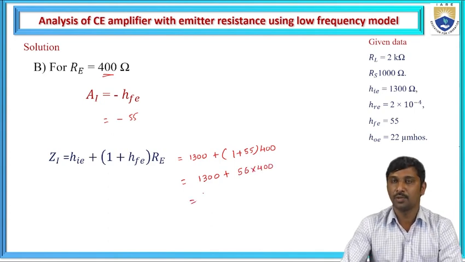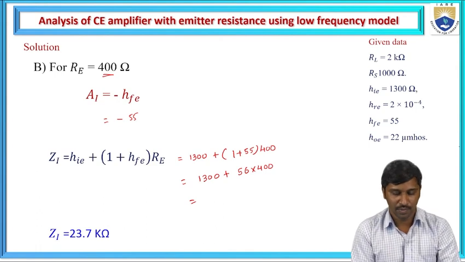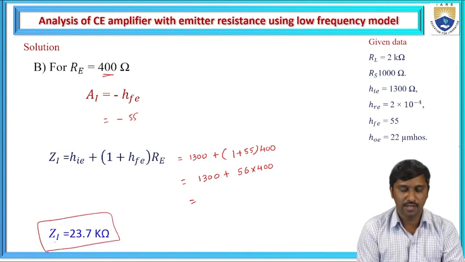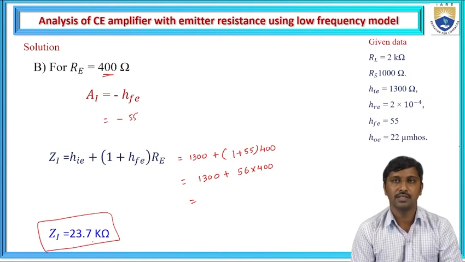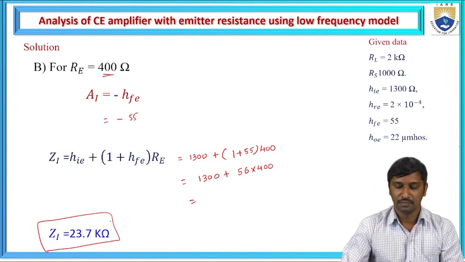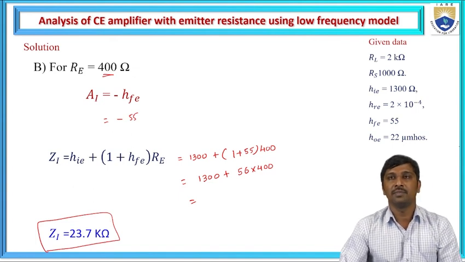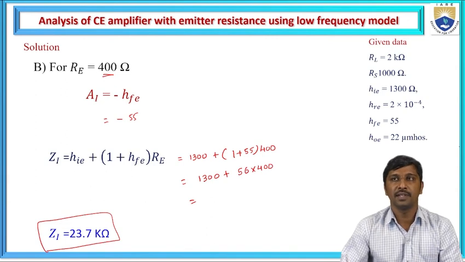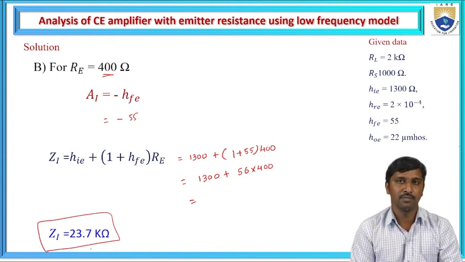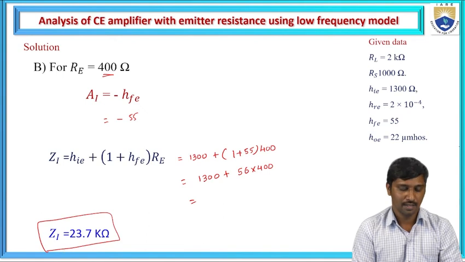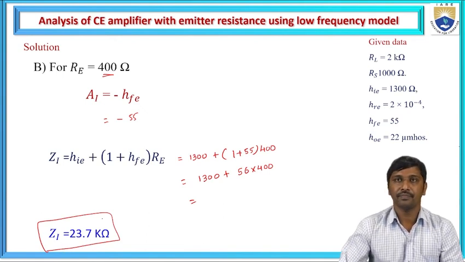If you solve this, it gives the input impedance as 23.7 kilo ohms. But if you consider without emitter resistance for a common emitter amplifier, the input impedance is equal to the hie parameter, that is only 1300 ohms. But while adding this emitter resistance, it increases the input impedance. Hence, the input impedance is 23.7 kilo ohms.